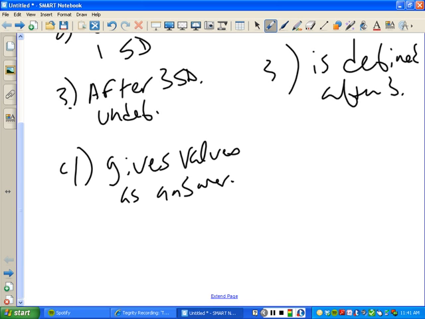It gives values as the answer. Chebyshev's theorem does not. Chebyshev's theorem gives you a formula to work out. So the empirical rule just gives you the answers directly.